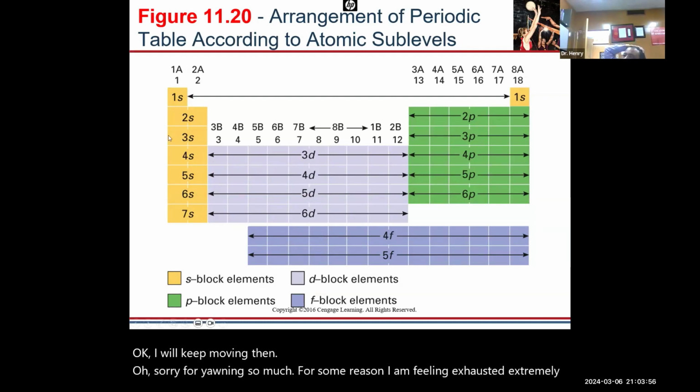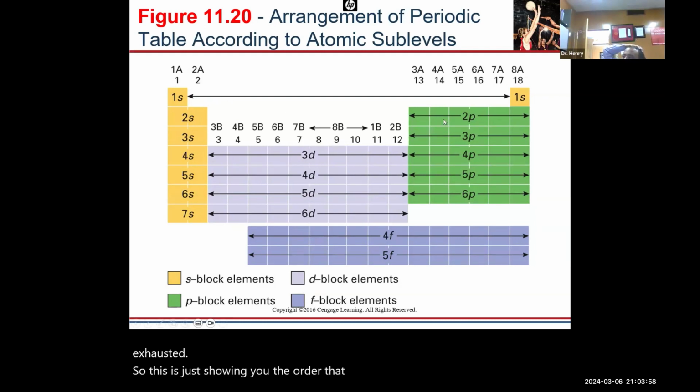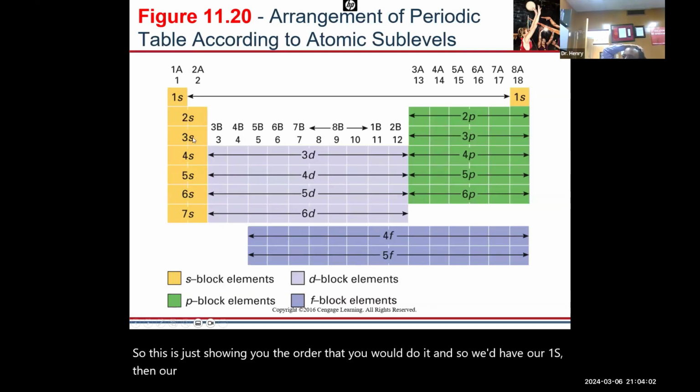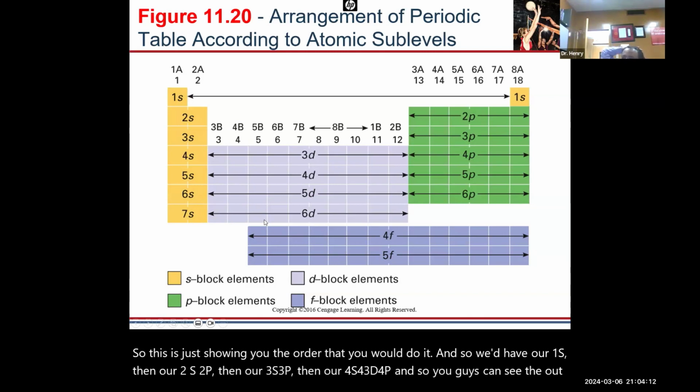So this is just showing you the order that you would do it in. We'd have our 1s, then our 2s, 2p, then our 3s, 3p, our 4s, 3d, 4p. So you can see how it's occupied and what level it's occupied at.